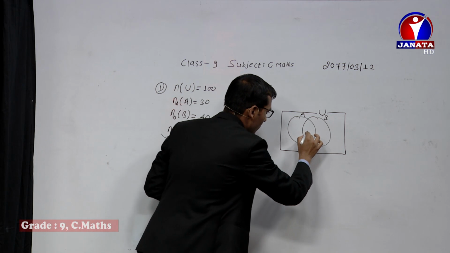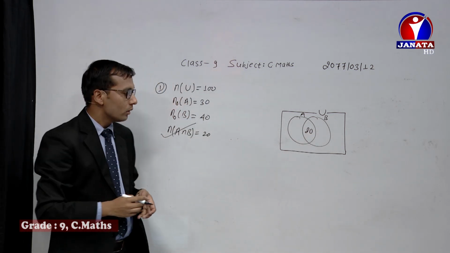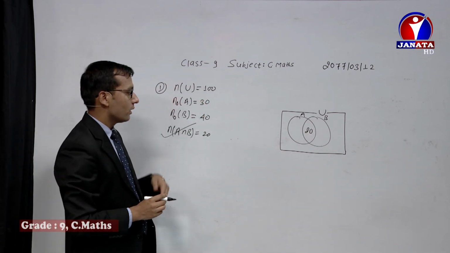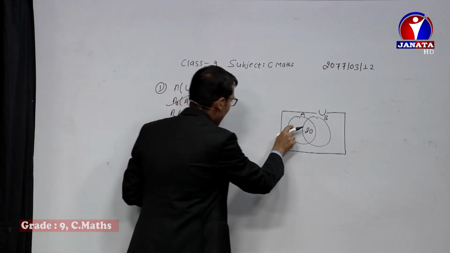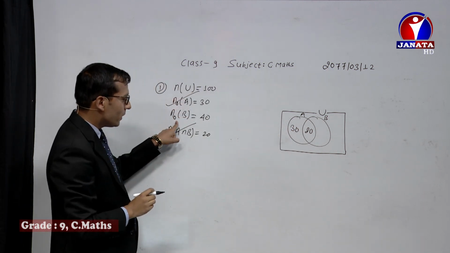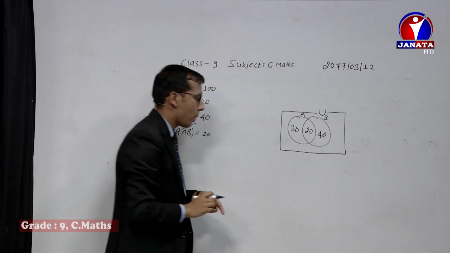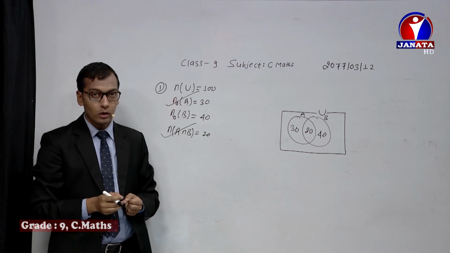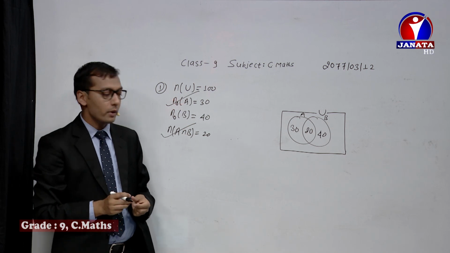So let's insert 20 in the common region, because we start filling the diagram from the intersecting region of the two sets A and B. What is n only A? This region is n only A, it's 30. What is n only B? This region is n only B, which is 40. And we have the value of n of U, which is 100.